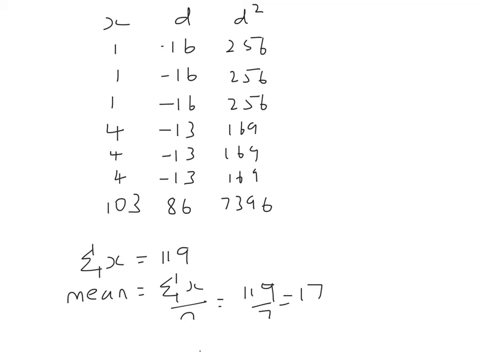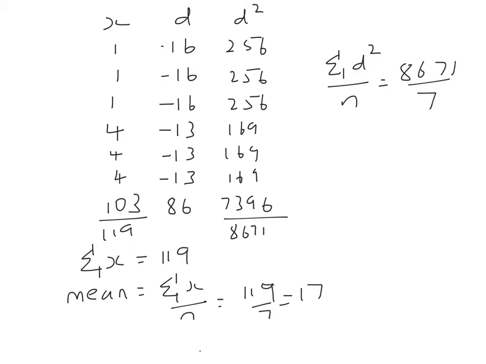So now let's add up all those d squareds and divide by n. If you add up the d squared numbers, it makes 8671. So it's 8671 divided by 7, which is 1238.7.